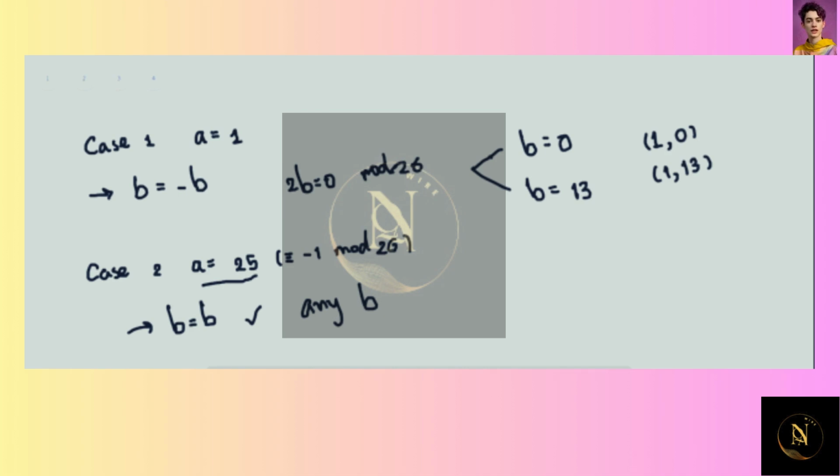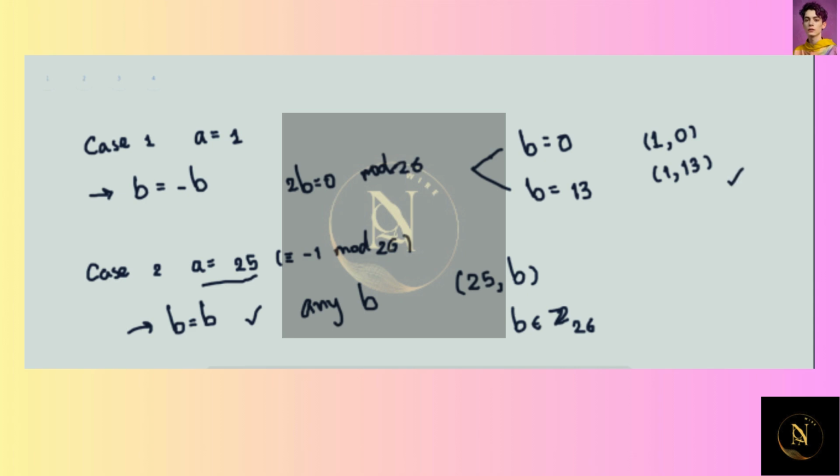So the pair would be 25 b, where b is in Z mod 26. It means we have 26 pairs here. So b can be anything, like 0, 1, 2, 3 to 25. It will not make a difference.